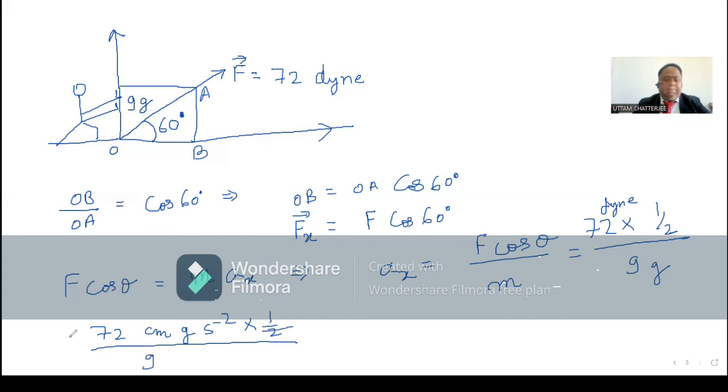So this will become 4 centimeter per second square acceleration.